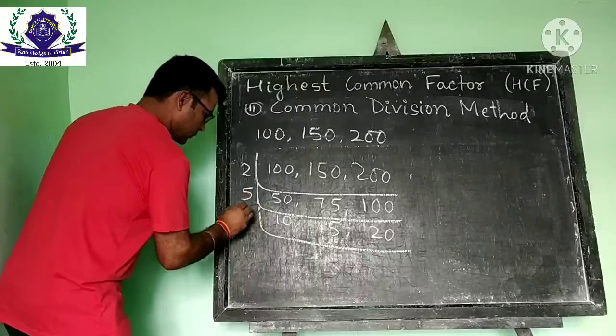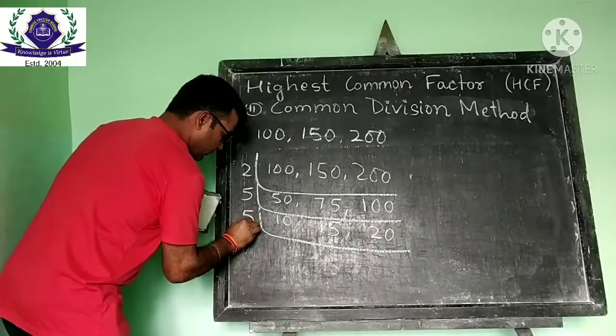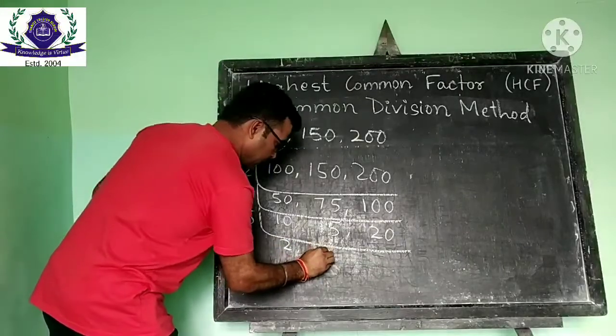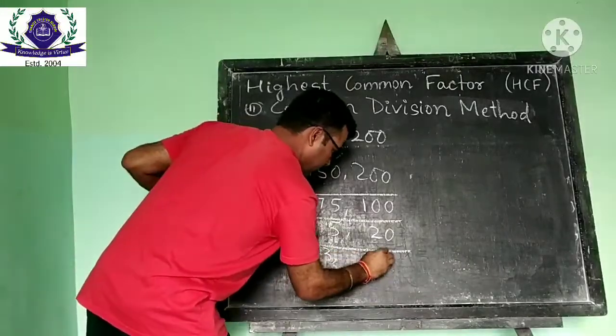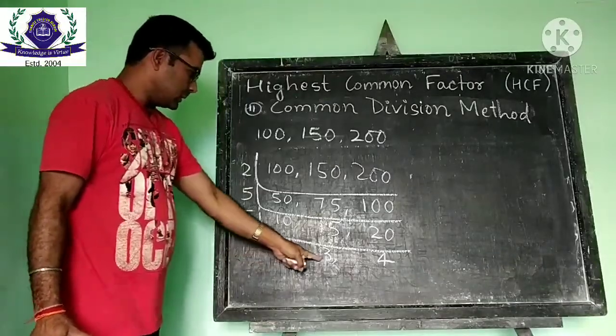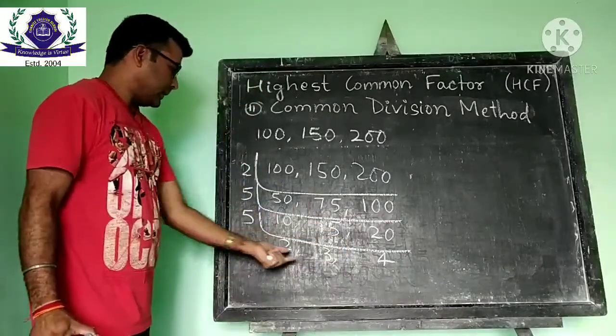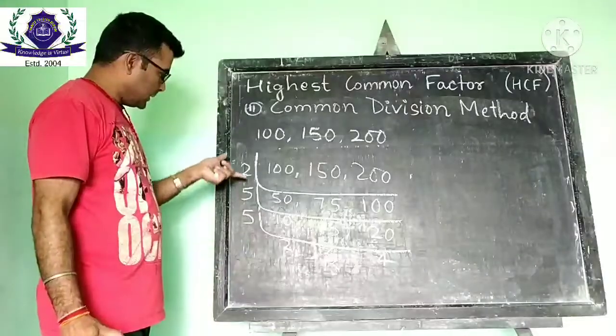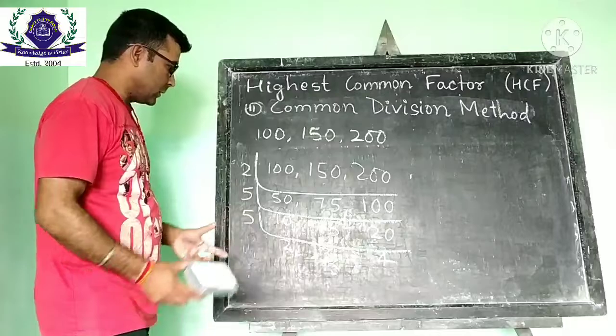So again we have to choose 5. So 5 is the common divisor to all. 5 2s are 10, 5 3s are 15, 5 4s are 20. Now there is 2, there is 3, there is 4. So no number can divide all these together.